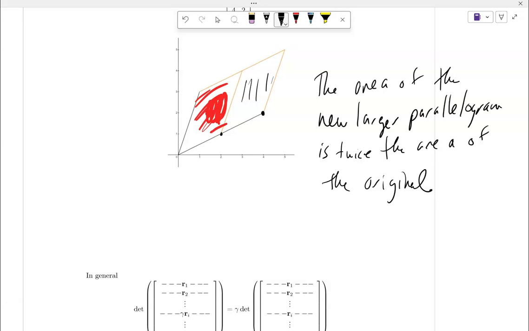So for example, if you took a rectangle and you tripled its length and left the height the same, that would triple the area, right? Same idea. Now notice if you start changing multiple rows, multiple dimensions, it's going to change it by each of those factors, right? So you have to do it a row at a time. And we're going to see that when we start talking about properties and determinants later.